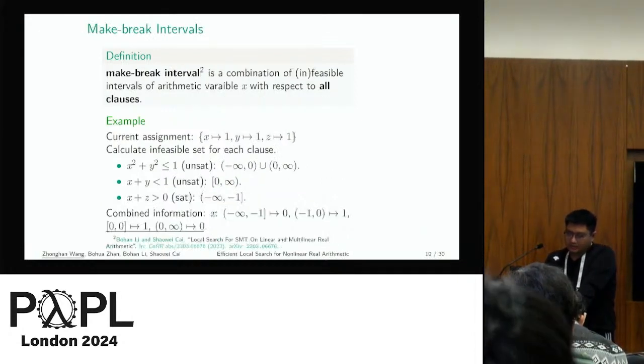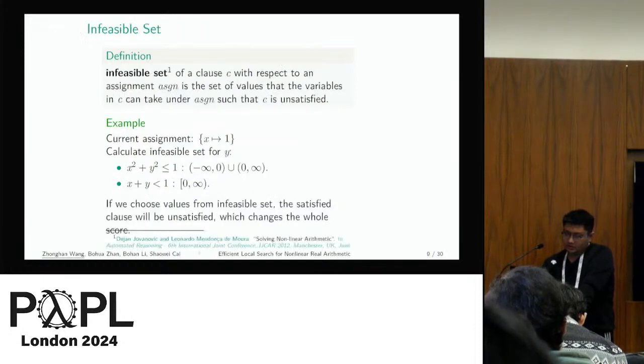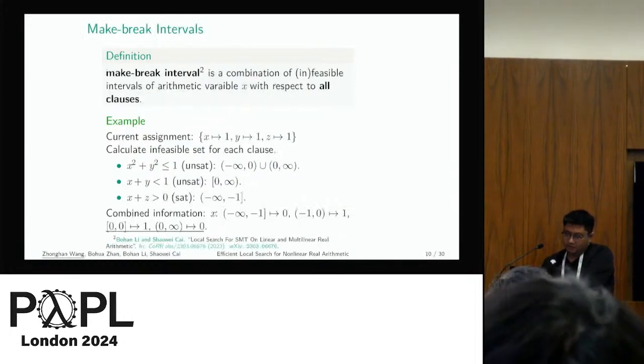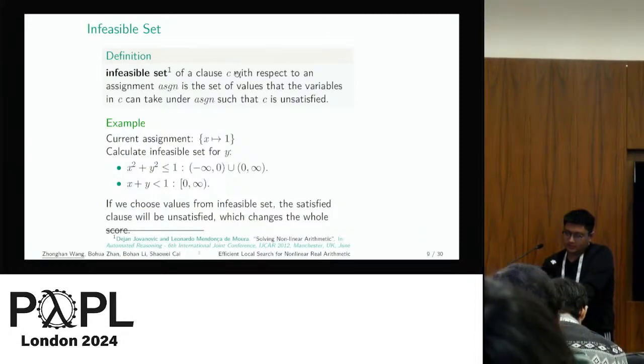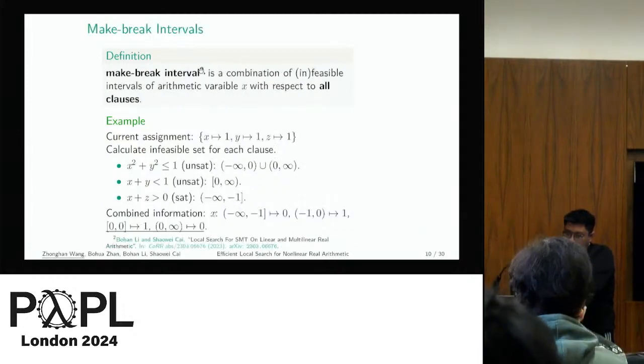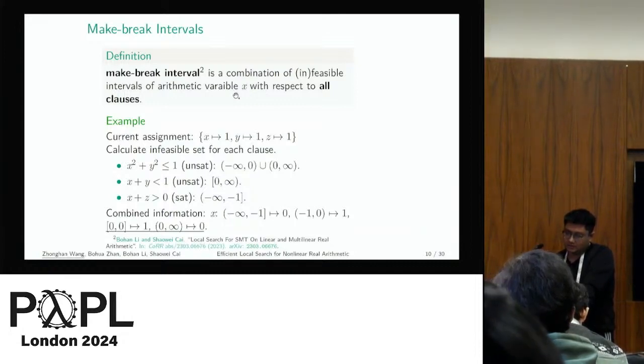The second part is where we introduce the make-break intervals. The make-break interval is a combination of invisible or visible intervals of an arithmetic variable over all clauses. The difference between the make-break interval and the invisible set is that an invisible set is specific to a clause C, but a make-break interval is usually specific to an arithmetic variable, not to a specific clause.